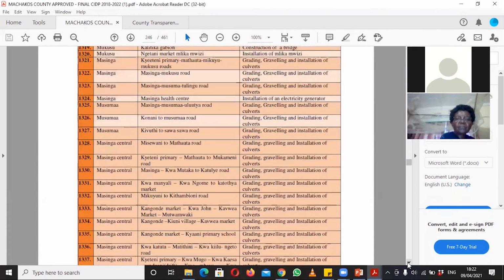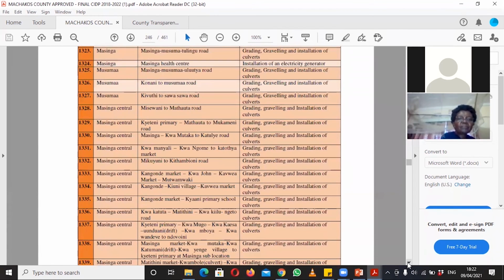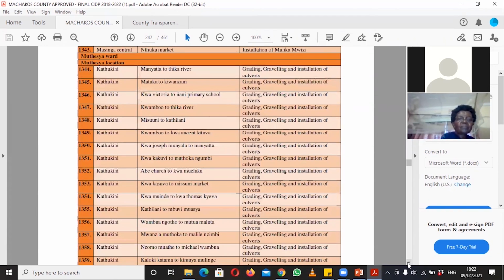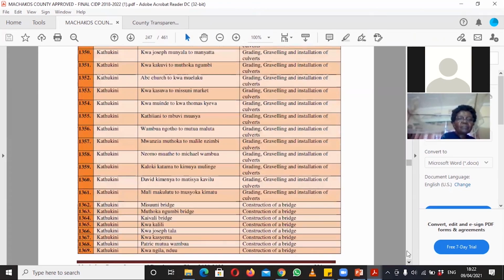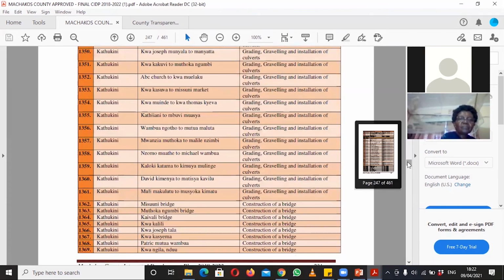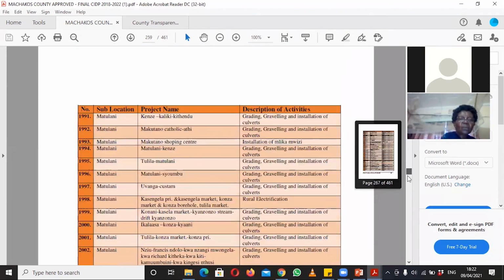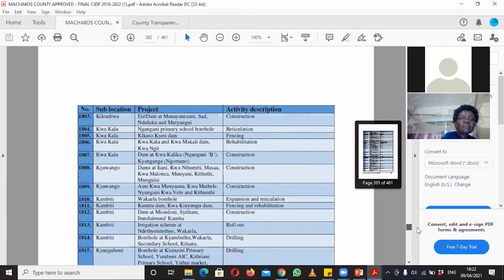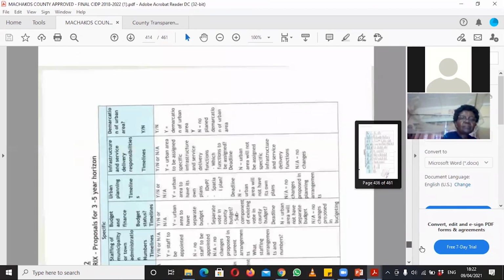And this is with regard to infrastructure. Masinga Central. So if you want more details of this, you can check it out at the annex section of the CIDP. Okay? So in short, they have put for the different sectors, even the hospitals.